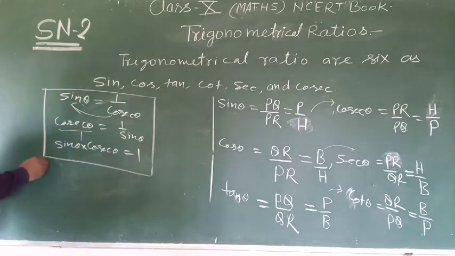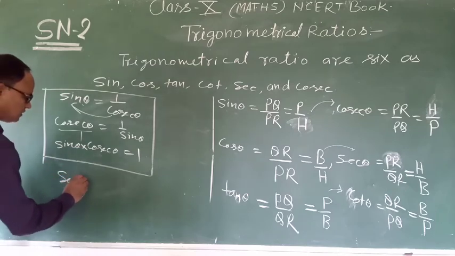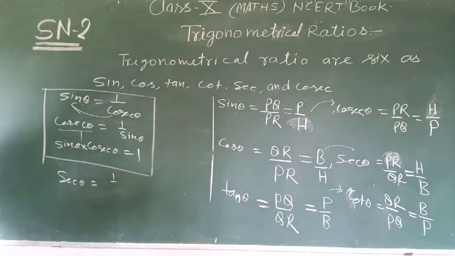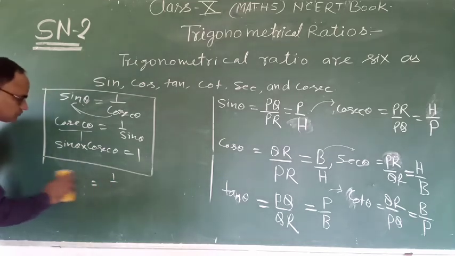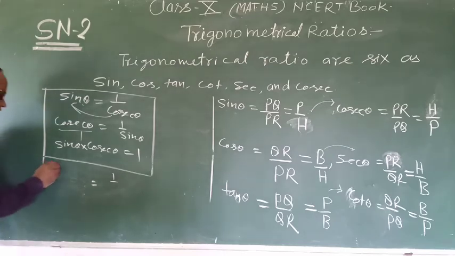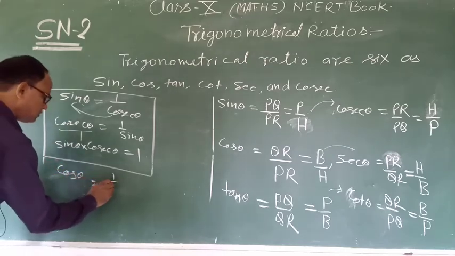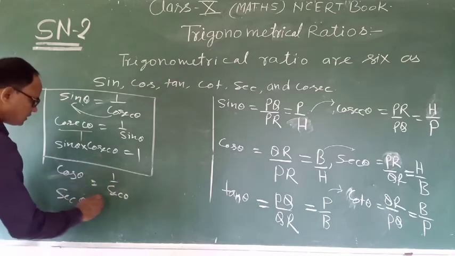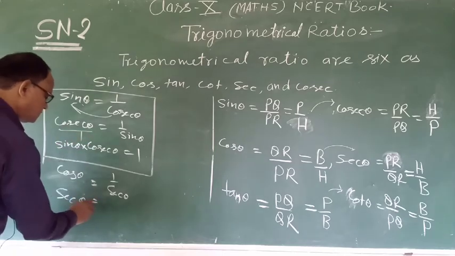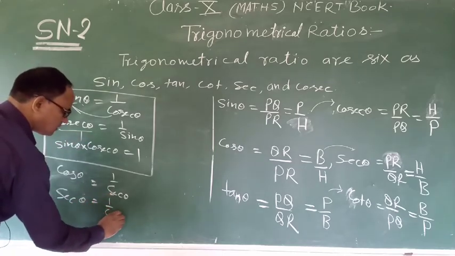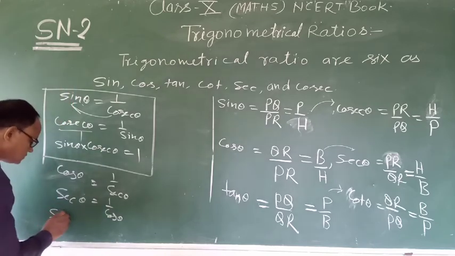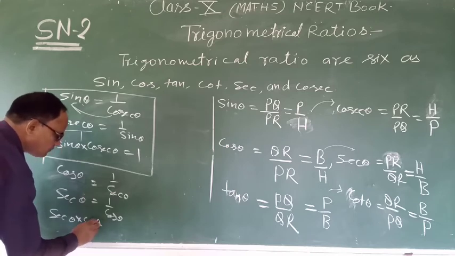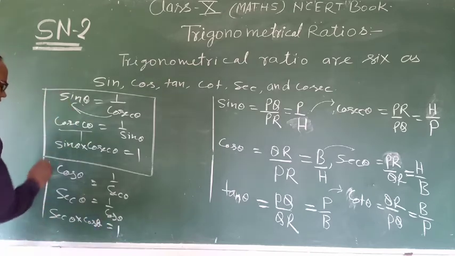Similarly, cos theta is equal to 1 by sec theta, sec theta is equal to 1 by cos theta, and sec theta into cos theta is equal to 1.